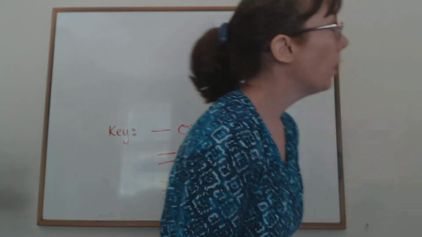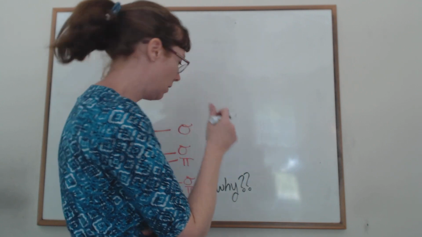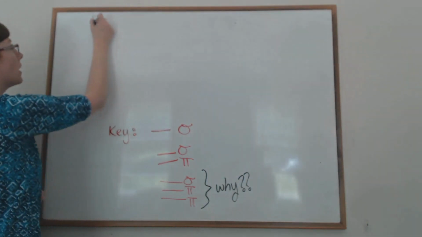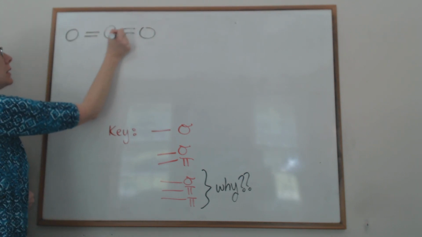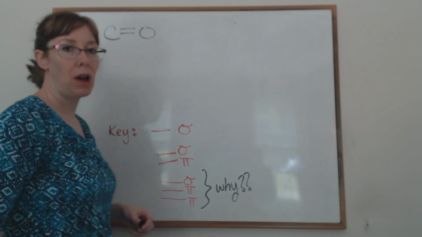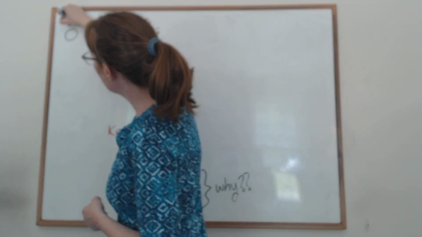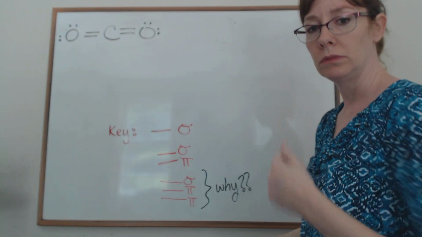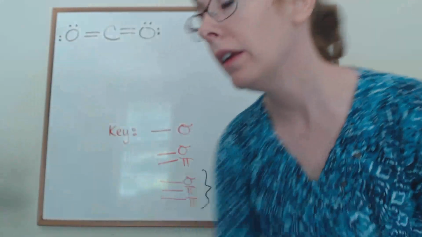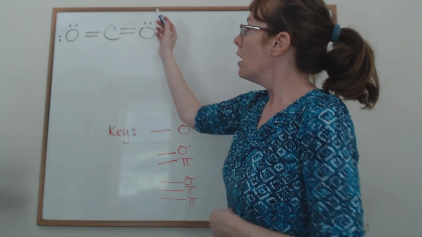I don't want to use that one. Let me use carbon dioxide, because this will not present any kind of added problems here. Carbon dioxide is a very familiar molecule, so let me use it to explain. Even though it's not really addressing the triple bond thing, it'll still work for what I'm trying to teach here.